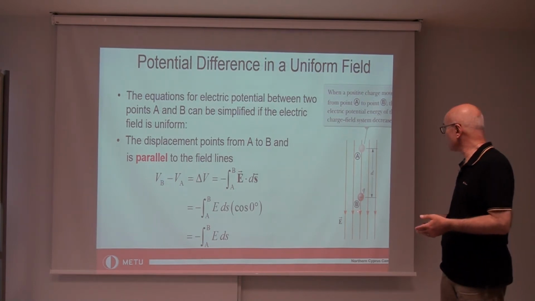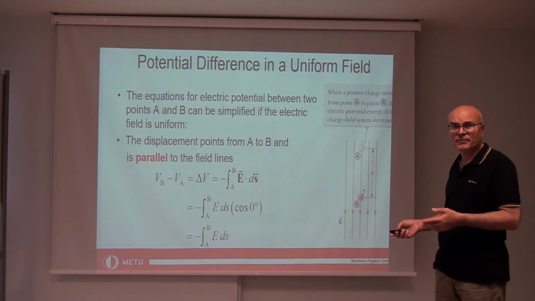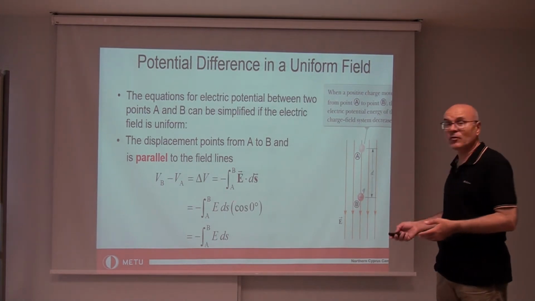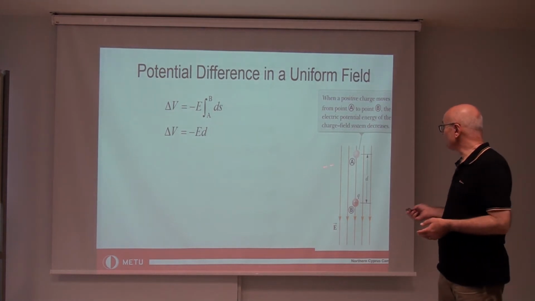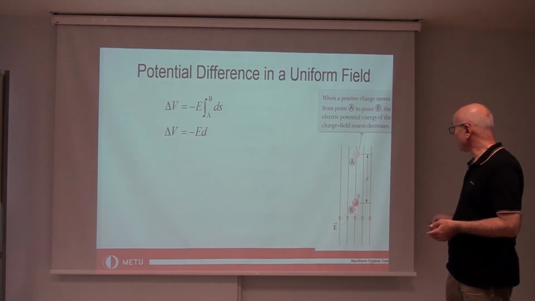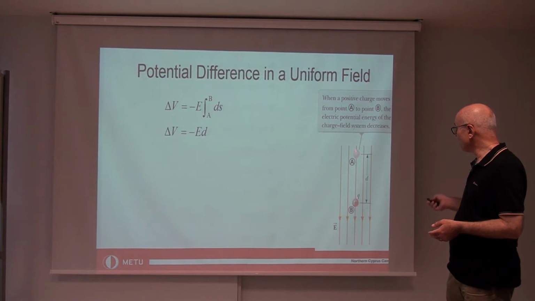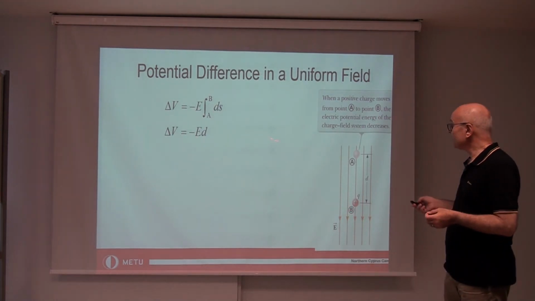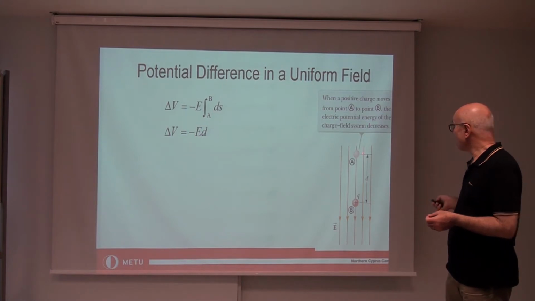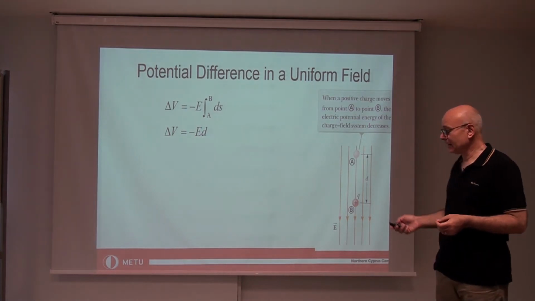Why? Because it is just the potential difference between these two points, okay? And this depends only on the end points, it doesn't depend on anything else. So the result is that when you move from point A to point B, which are along one field line, the potential drops, and this potential drop is equal to minus E times d.